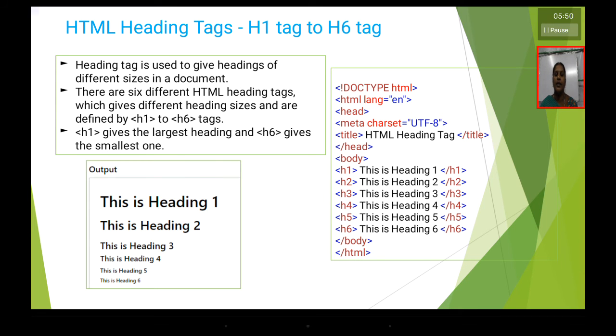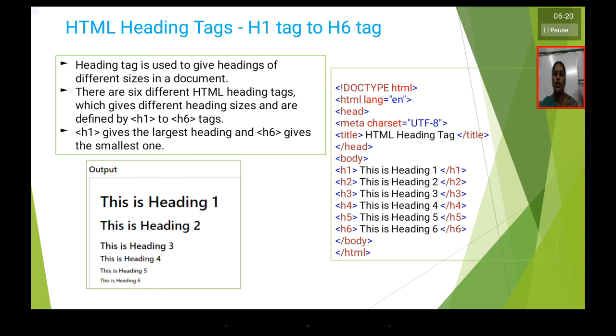Then the HTML heading tag. We can set various sizes for the font, but by default, the heading tags are H1, H2, H3, H4 up to H6. H1 has the largest and boldest heading, and the font size reduces after that.